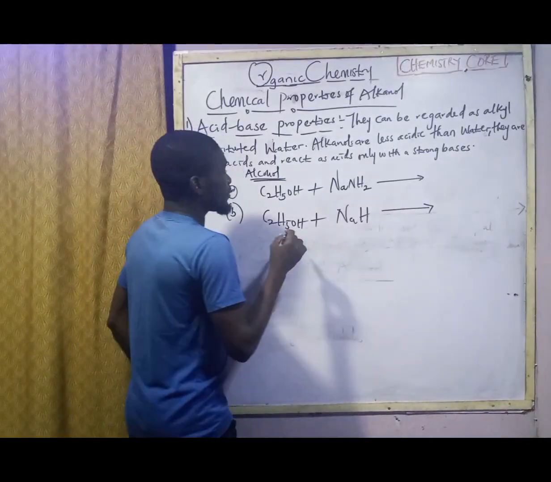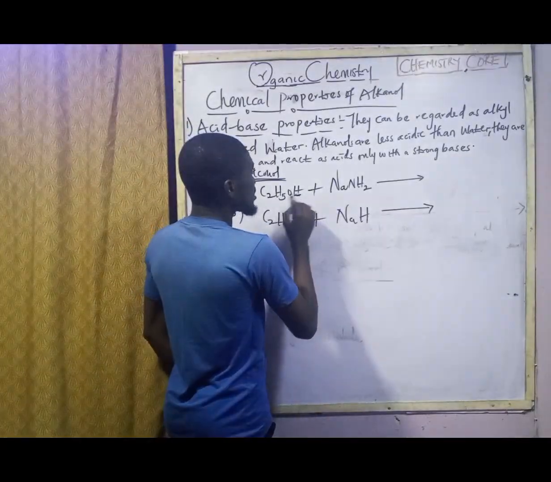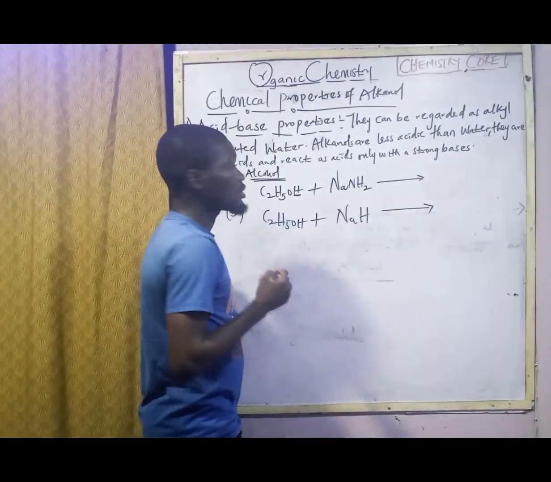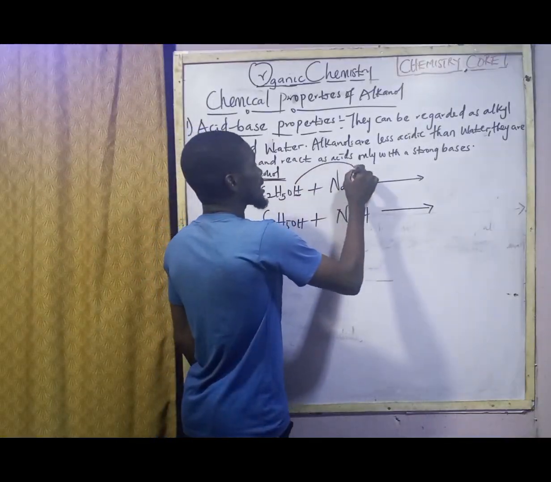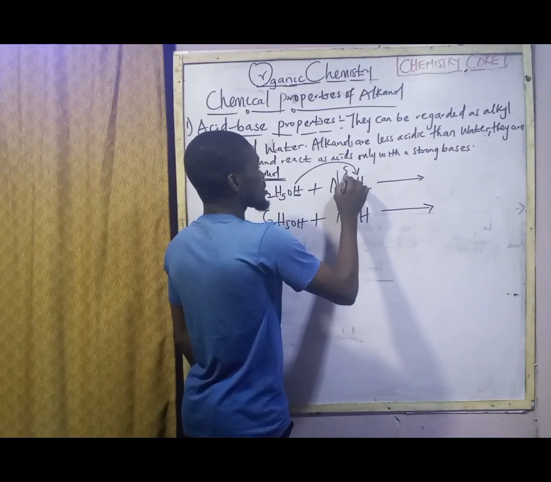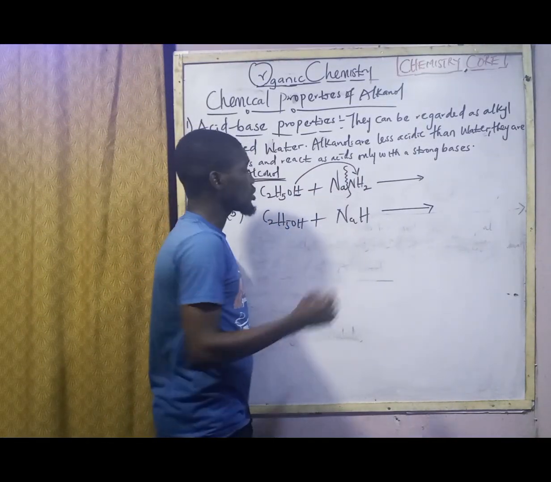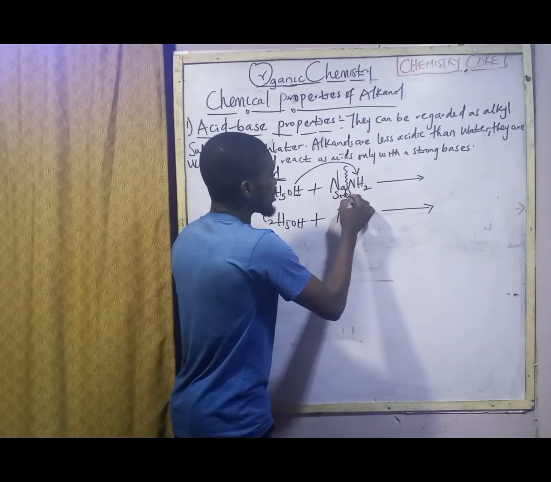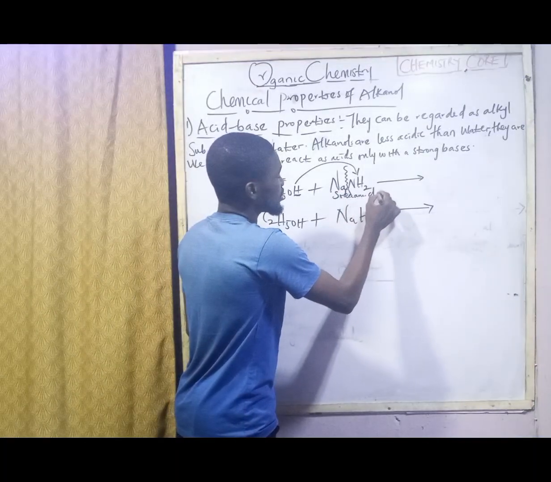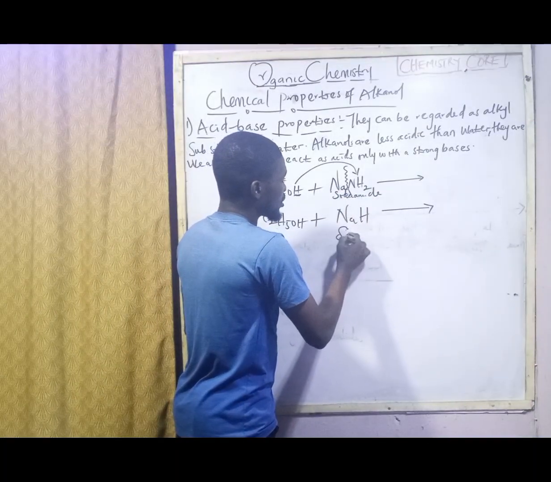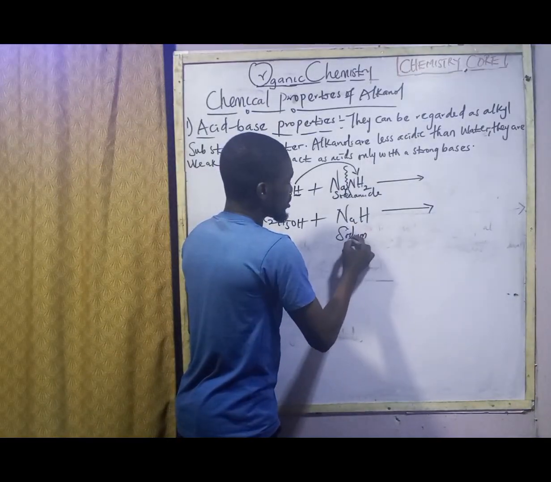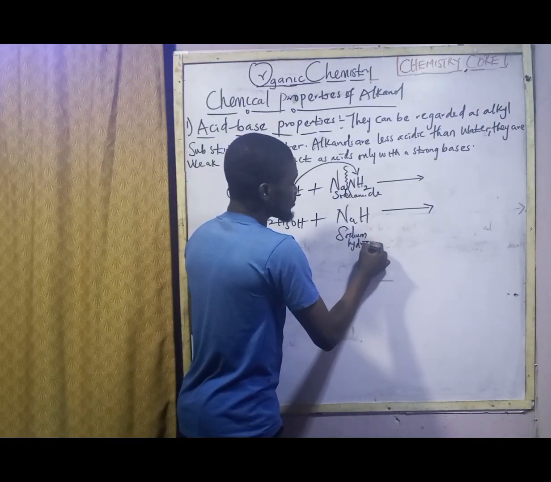Looking at what you have here now, this H here will attach itself to this NH2. Don't forget, I call this sodamide, and here I call this one sodium hydride.